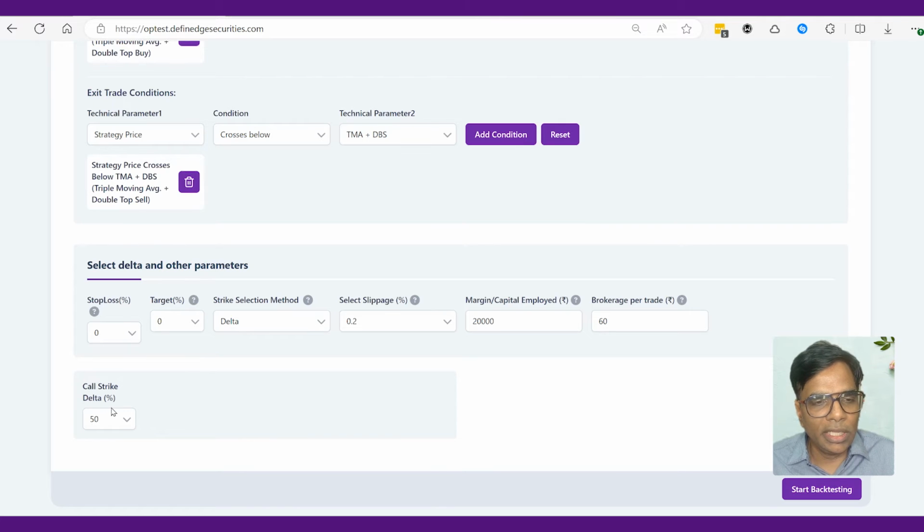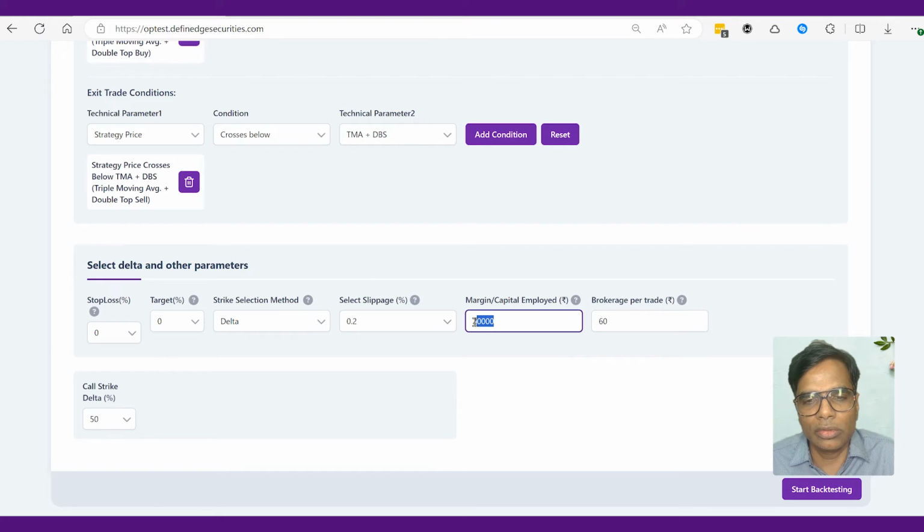so the at the money call strike we are going to choose, and slippage you can enter as per your trading system. By default, we use whatever premium is usually required for a particular long call. Here by default, for long call systems or long only systems, we use 20,000. You can change it as per what you see in your system.